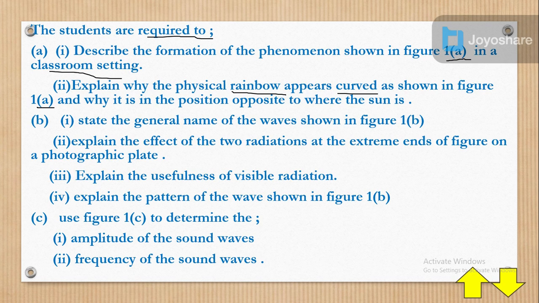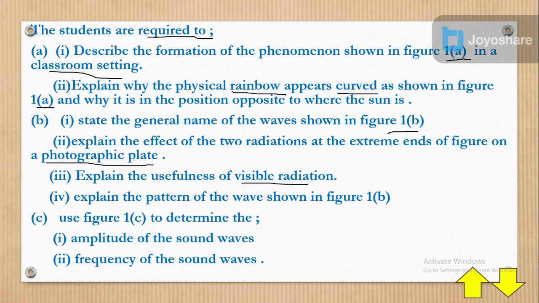Part B, state the general name of the waves shown in figure 1B. Explain the effect of the two radiations at the extreme ends of the figure on a photographic plate. Roman number 3, explain the usefulness of visible radiation.